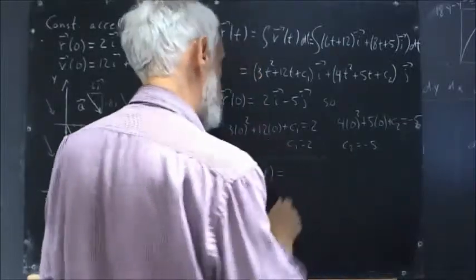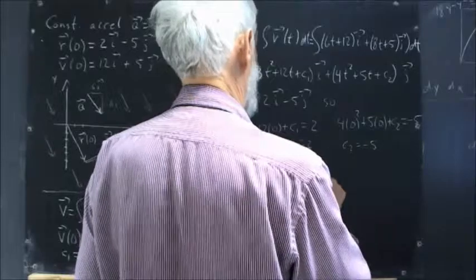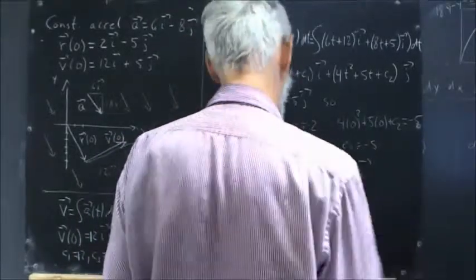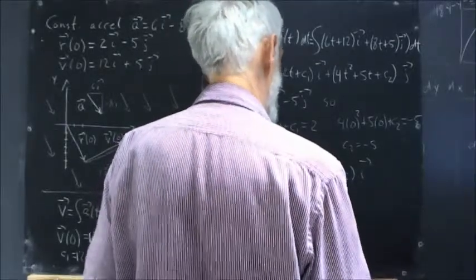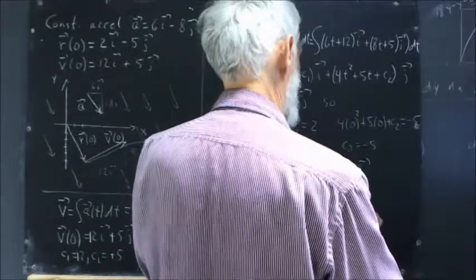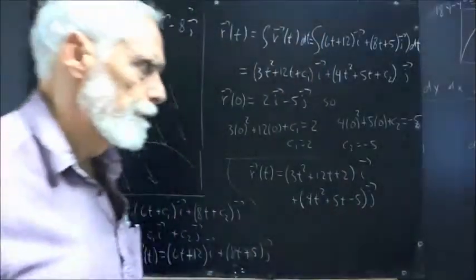And our final function is R of t equals 3t squared plus 12t plus 2 i plus 4t squared plus 5t minus 5 j.